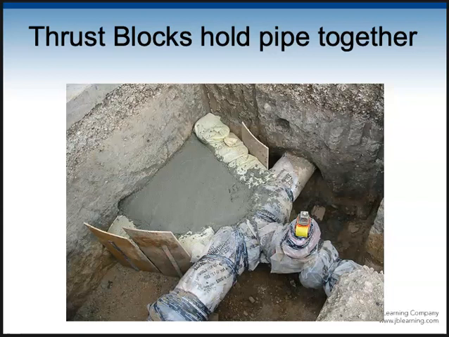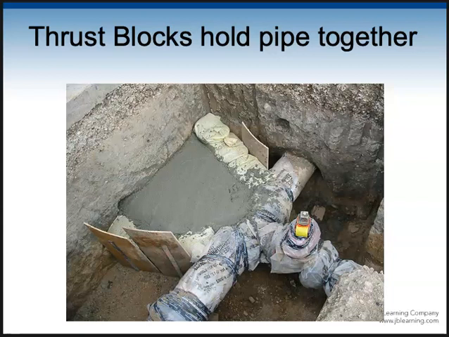So what they do is wherever there's an end, wherever there's a 90 degree or a 45 degree or any kind of change in direction, wherever there's a T, like in this picture, they'll put a thrust block. It's a big concrete, like sideways pyramid, in the ground with undisturbed earth around the back of it.